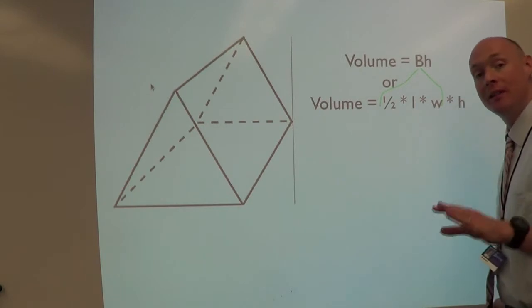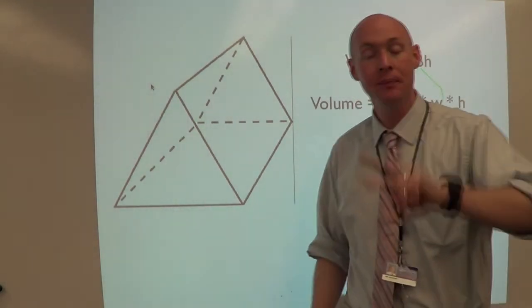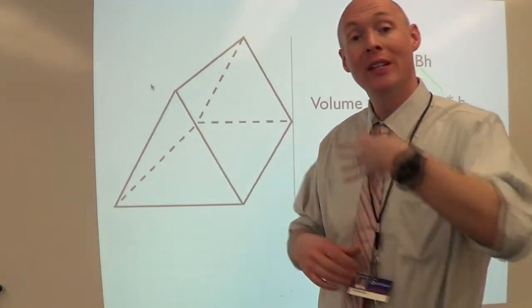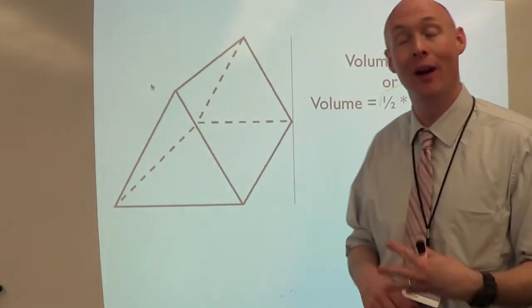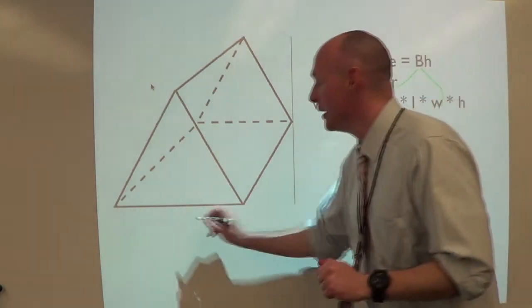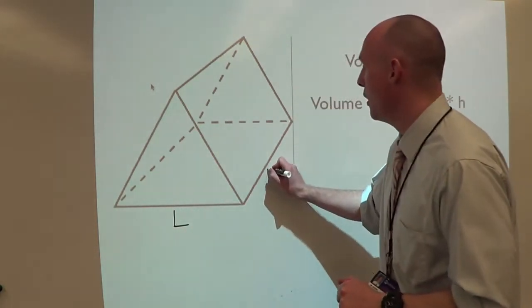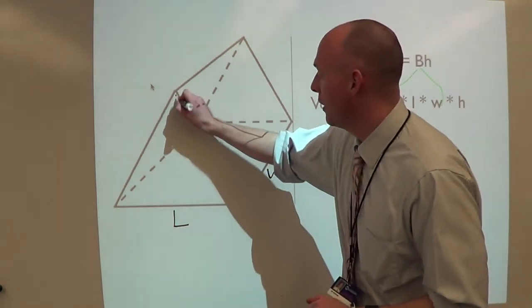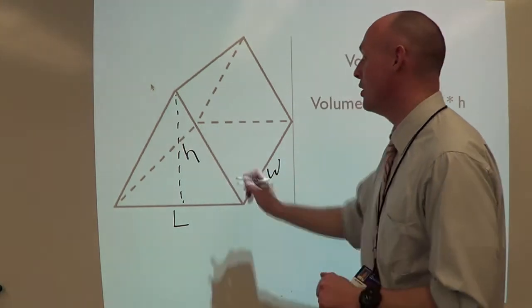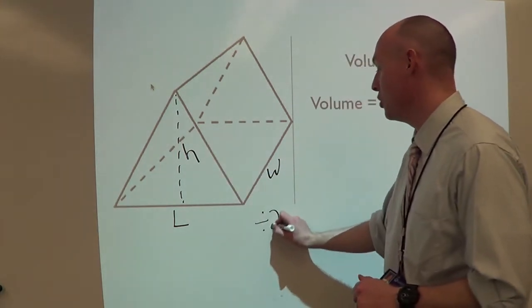You remember when we did two-dimensional figures in a triangle? It was base times height divided by 2. The same thing with triangular prisms. It's going to be the length, the width, the height, and you're going to divide by 2.